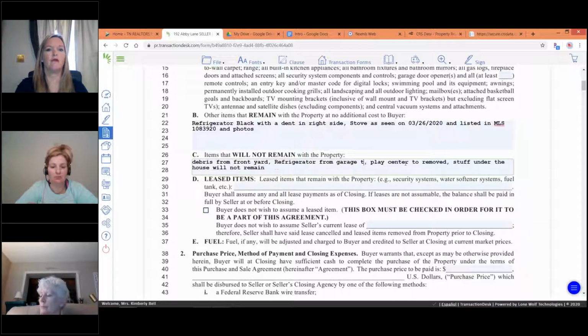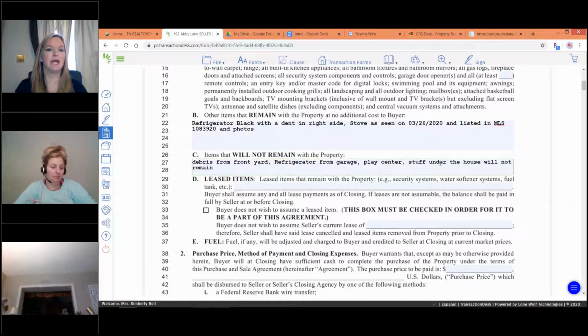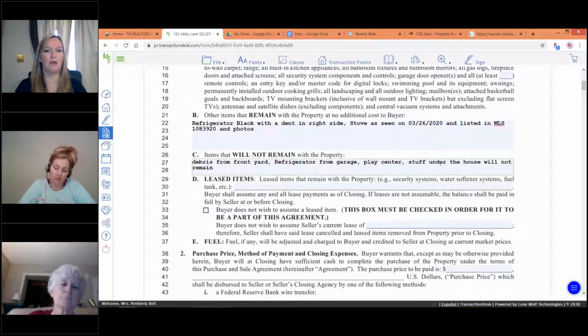We could remove these words. Play center. Could look like that. Leased items. Do you have any more questions there? Okay, I'm good. Leased items that remain with the property.